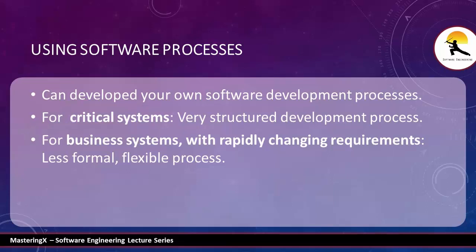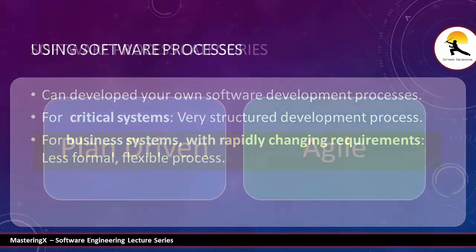Processes have evolved to take advantage of the capabilities of the software developers in an organization and the characteristics of the systems that are being developed. For safety critical systems, a very structured development process is required where detailed records are maintained. For business systems with rapidly changing requirements, a more flexible agile process is likely to be better.